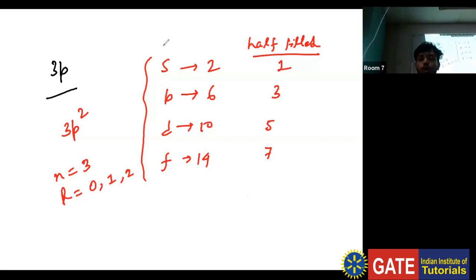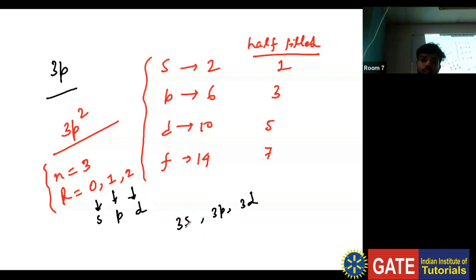No, I'm not talking about that. I'm talking about if n is equal to 3, how many l values are possible? Not 3p. If n is equal to 3, 0, 1, 2. 0 stands for s, 1 for p, 2 for d. That means 3s possible, 3p possible, 3d possible.